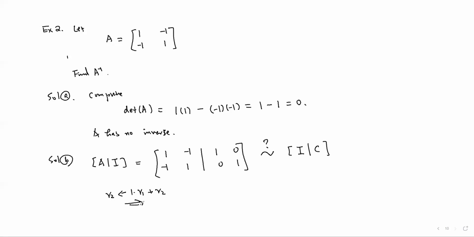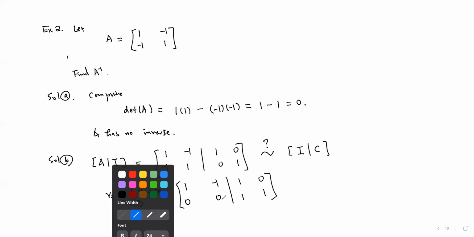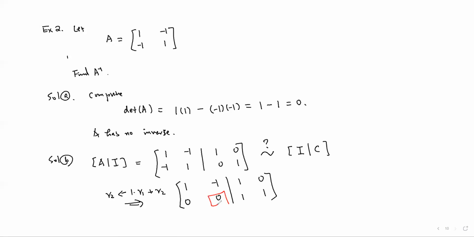Put the result in row 2. 1, -1, 1, 0. 1 plus -1 is 0. -1 plus 1 is 0. 1 plus 0 is 1. 0 plus 1 is 1 here. Because the entry here is 0, not non-zero, I cannot further reduce this part to the identity matrix.